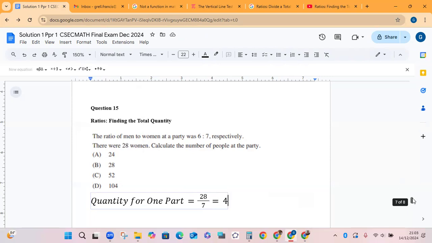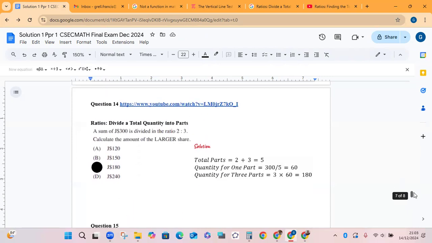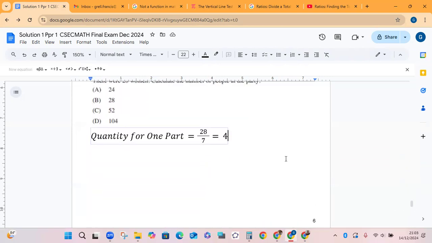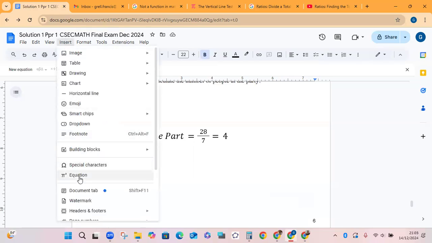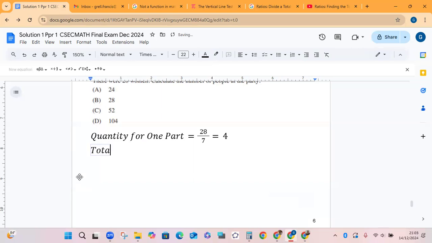Now, if you can recall, that quantity of one part was obtained by dividing the total quantity by the total parts. So we need the total parts. So now we can find the total parts. The total parts is equal to 6 plus 7.